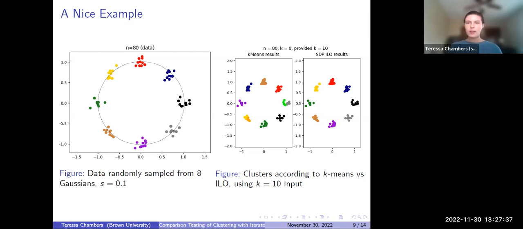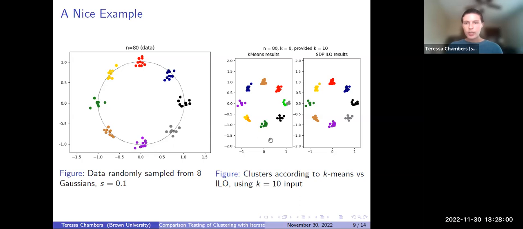If you have the 10-way elliptope on 80 data points, then that object has vertices that represent partitions of those 80 points into 8 groups as well. And in this particular example, that is in fact what happened.